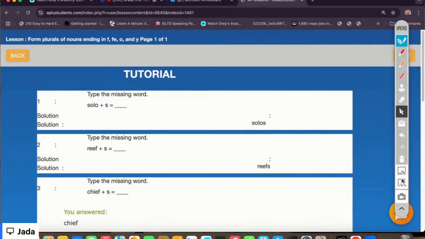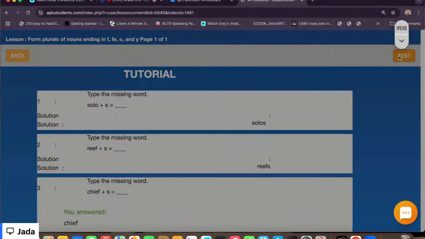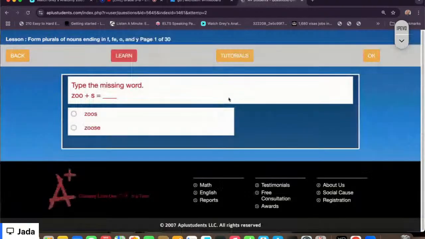Alright, so we'll move on to the test and you share your answers with me. We have: type the missing word. Just send in your answers on the chat.